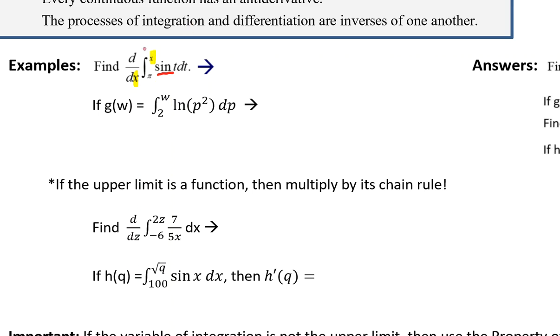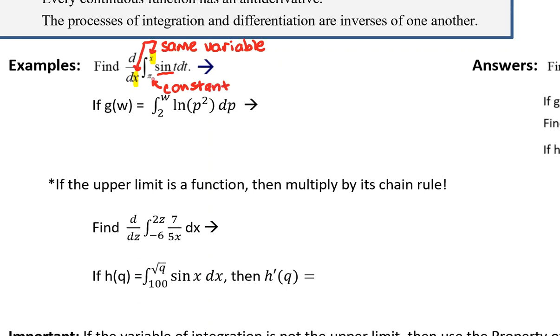We need to check several things here. We need to differentiate with respect to the same independent variable as the upper limit. So we need to check that this is the same variable, and we want this lower limit to be any constant. So here pi serves as a constant.